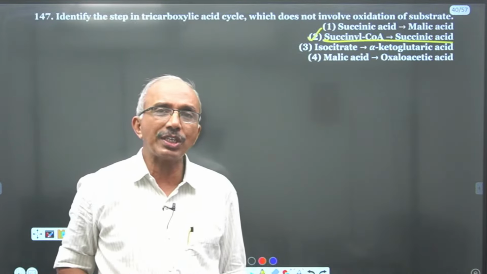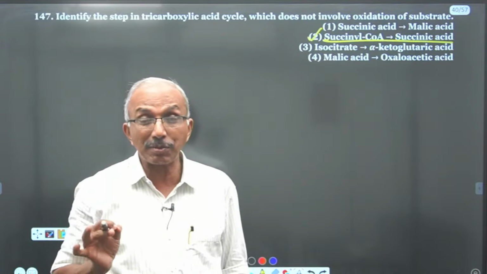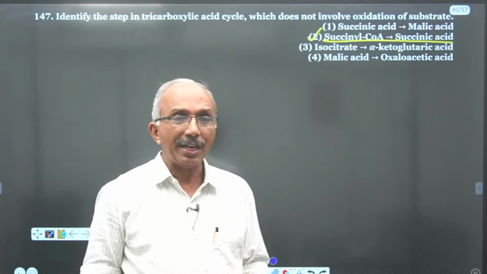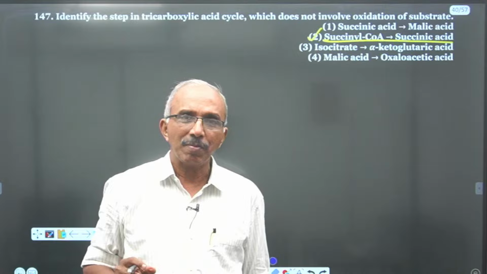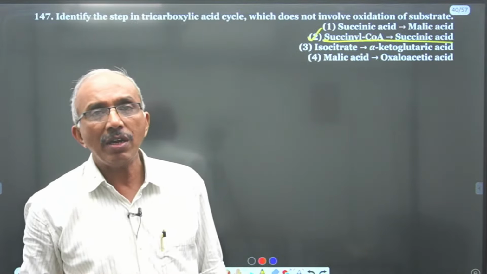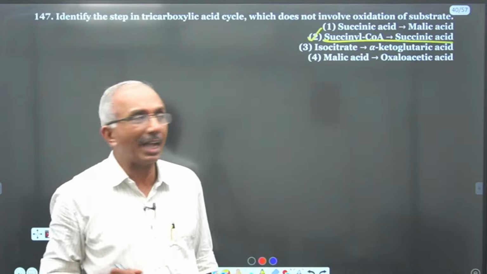There is no oxidation, there is substrate level phosphorylation. In all other steps, the substrate is oxidized by the removal of electron, and that electron is accepted by NAD, and the NAD becomes NADH.